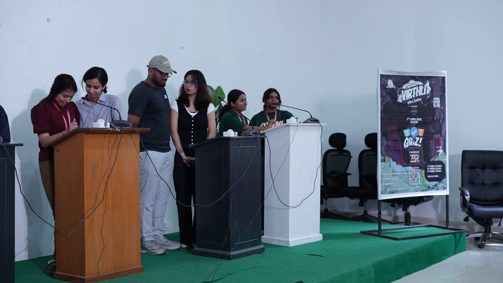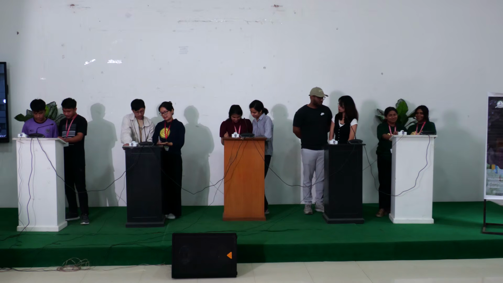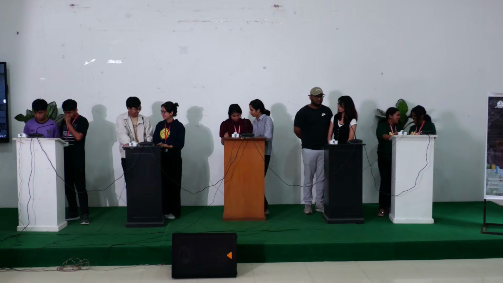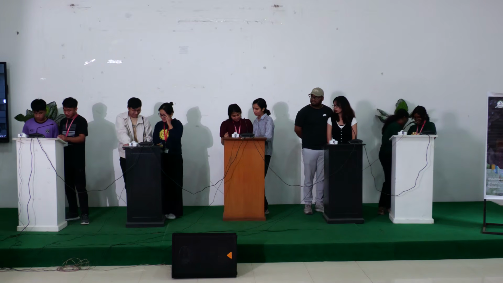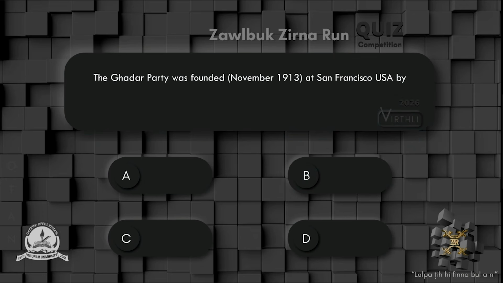Now the last question for table 1. This is your question. The Gadhar Party was founded November 1913 at San Francisco, USA by, and your options are A. Madam Bhikaji Kama, option B. Lala Hardayal, C. Shyamji Krishna Verma, and D. Both A and B above.